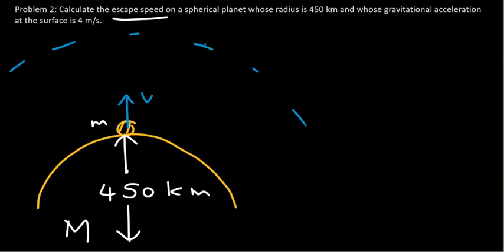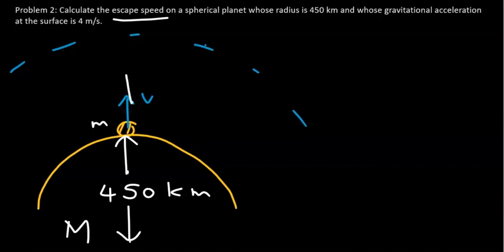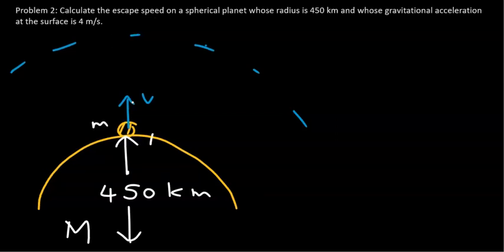An escape speed is a minimum initial speed of a particle that causes the particle to break free from the gravitational pull of a planet and move forever all the way up to infinity, where theoretically it comes to rest. So the initial point is the launching point, and the final point is indeed infinity.